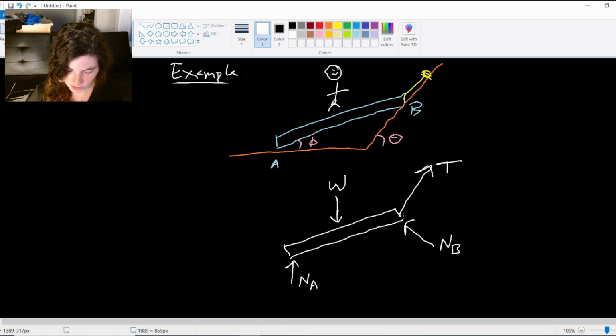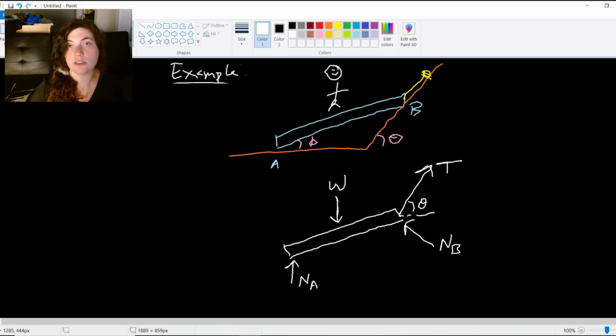Now, it might be helpful here to include this angle theta, the angle phi, to help you break this down into X and Y components as you're working through the equilibrium equations.